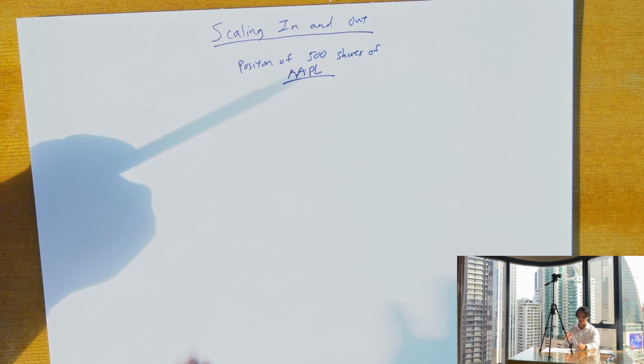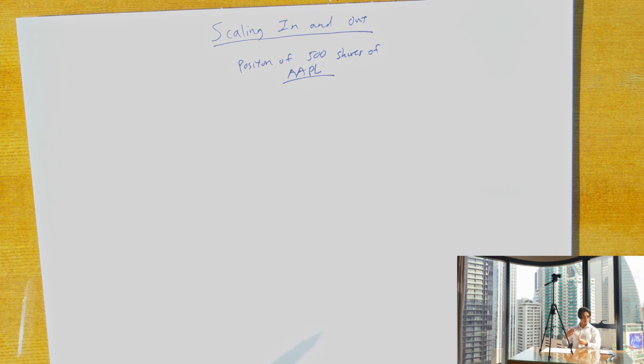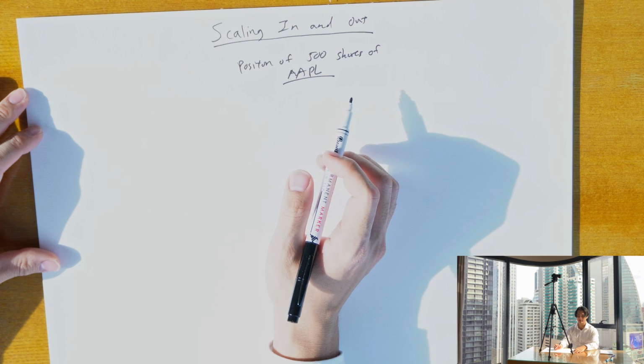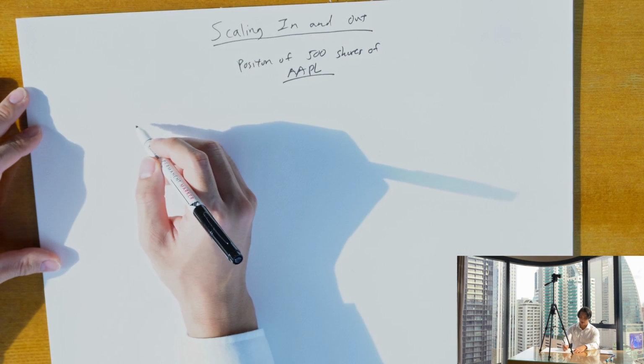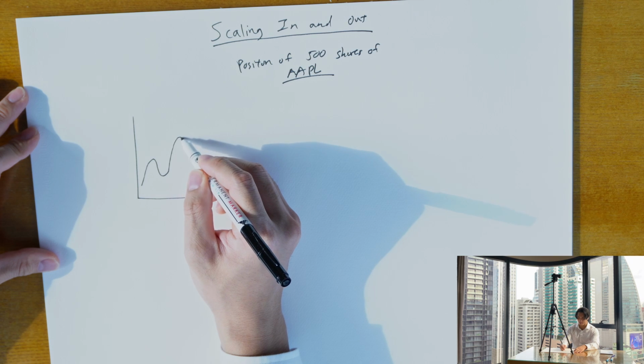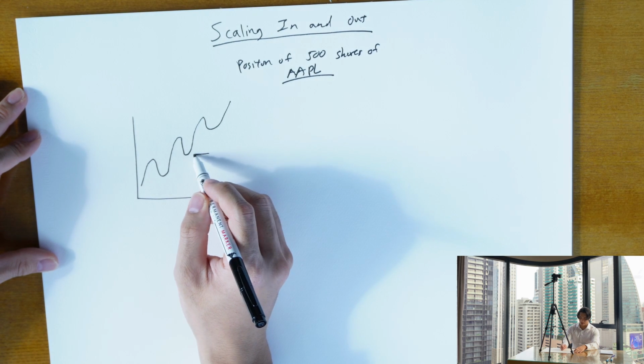So the idea of scaling in and out is to basically incrementally get into a position and incrementally get out of a position. And this allows for more flexibility, not just with the actual trade, but also psychologically, as I'll show you, right? And so the concept of scaling in is that, assuming a trend following strategy where you are buying the dip, buying low, selling high, let's say you want to buy this dip, right?